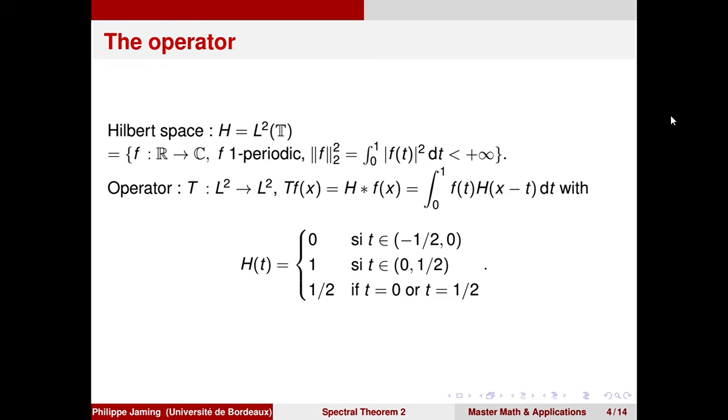So it's 0 on minus 1/2 to 0, 1 on 0 to 1/2, 1/2 at 0 and 1/2, and 1-periodic. It will be an exercise for you to check which properties of h we are using so that the conclusion of the spectral theorem stays valid.